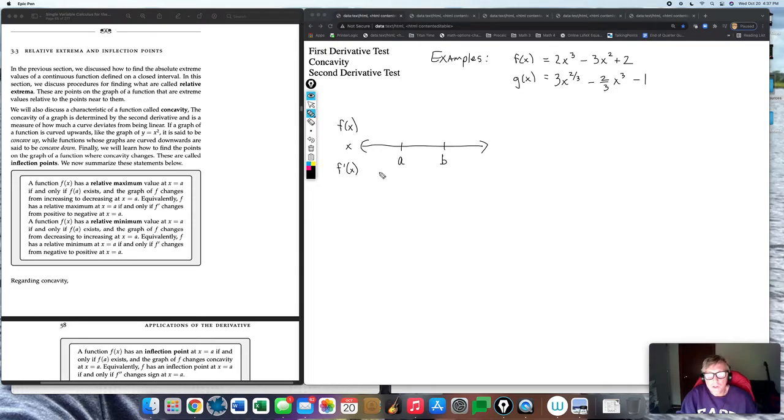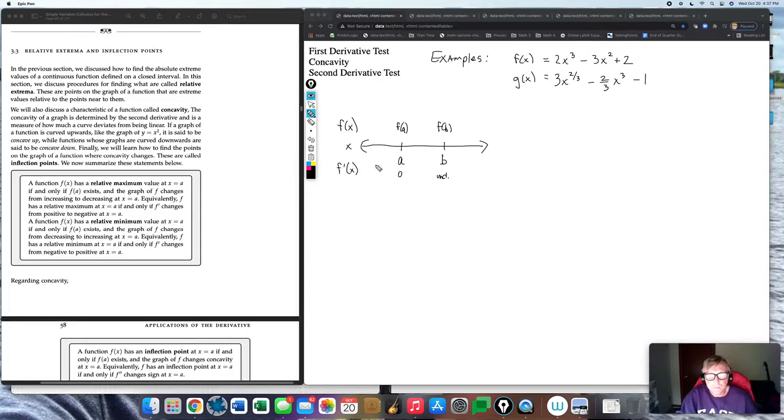These wouldn't be critical numbers unless the derivative was 0 or undefined, right? So maybe this is undefined, and maybe f of x is, we'll say f of a, and then f of b. So there are y values, but maybe at b there's a sharp point or something.